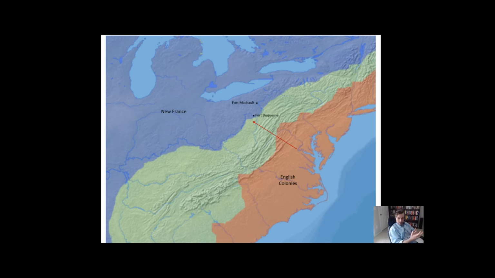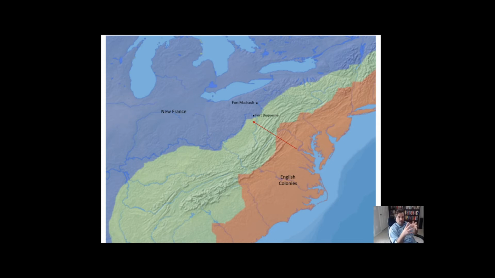If you or I were building a fort, we'd probably look for a place that's elevated so you can see people coming around you. Attackers would have to fire weapons upwards, which makes it more difficult to hit somebody inside of the fort. You don't want something with trees all around you because then people could hide as they're firing at the fort. You want something adjacent to water, all those types of things.